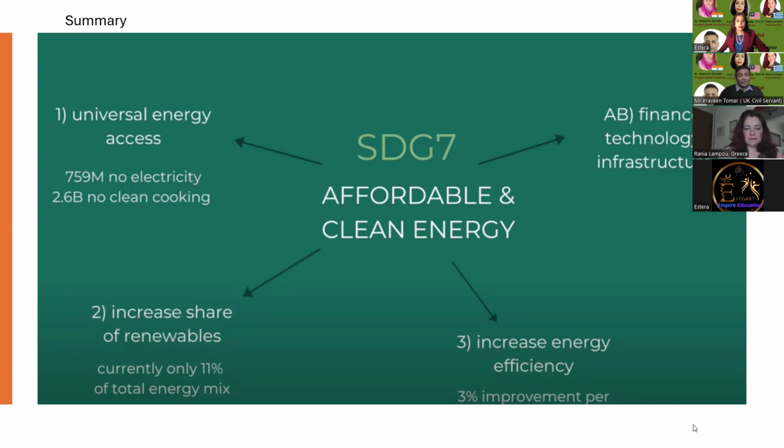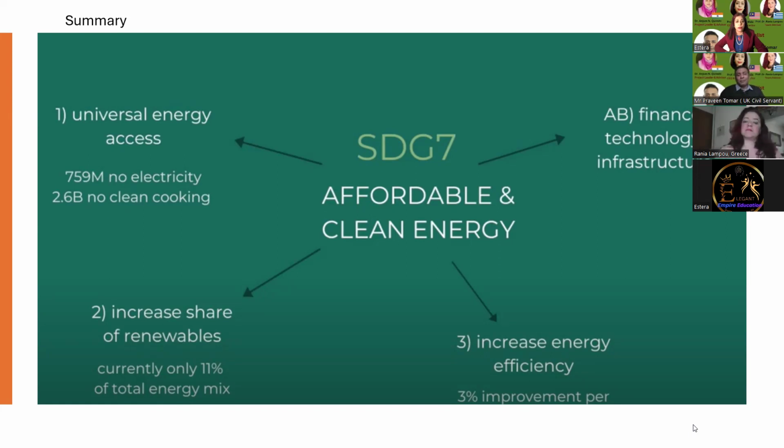The first sub target is universal energy access, and still close to 700 million people have no electricity. When we started this journey in 2015, it was 1 billion people on planet Earth with no electricity. We have reduced the gap significantly, but we are still far from the target.